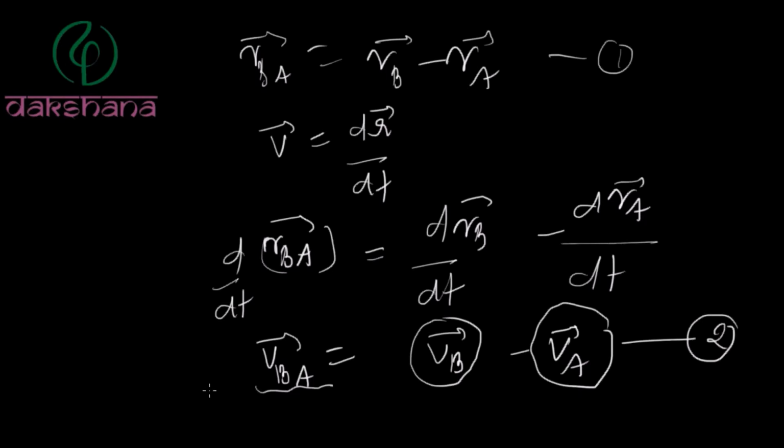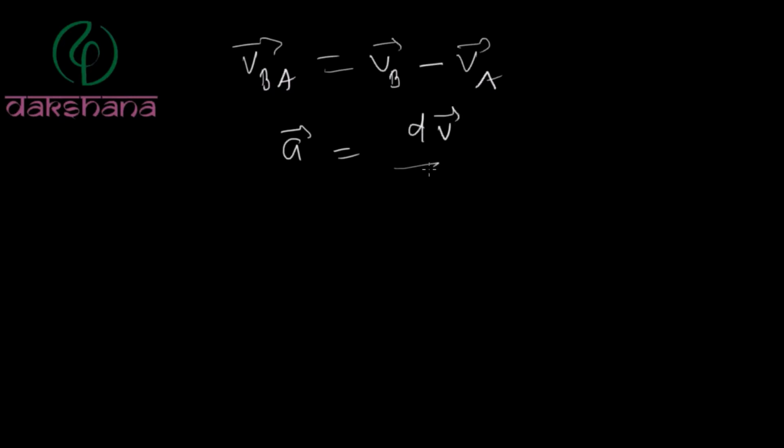Now we are going to define the relative acceleration. We have just defined velocity of B with respect to A equal to velocity of B minus velocity of A, and we know that acceleration is defined as a equals dv by dt, that is the rate of change of velocity with respect to time.